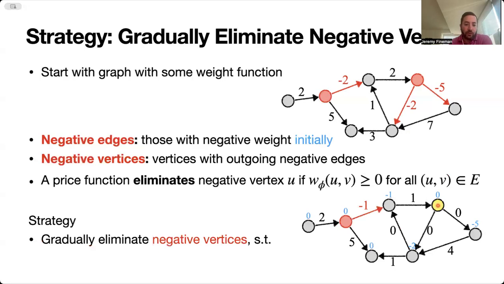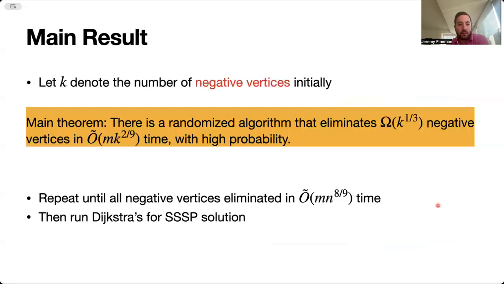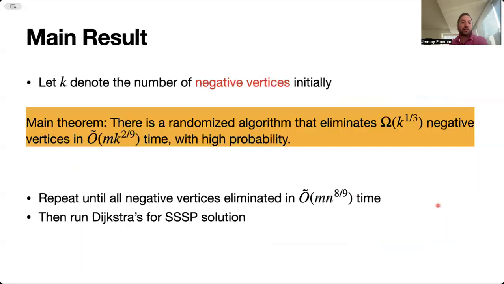So we'd like to gradually eliminate the negative vertices somehow like this. And also, of course, do this in a way that doesn't make anything else worse. So the non-negative edge weights should remain non-negative throughout the course of the execution. Okay, so that's going to be our general strategy.